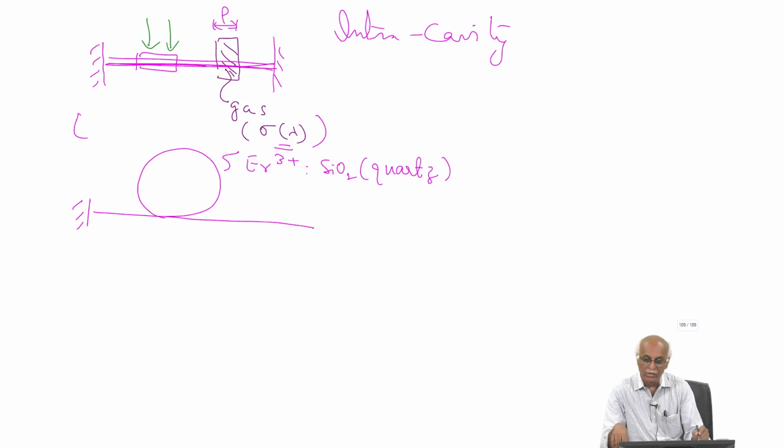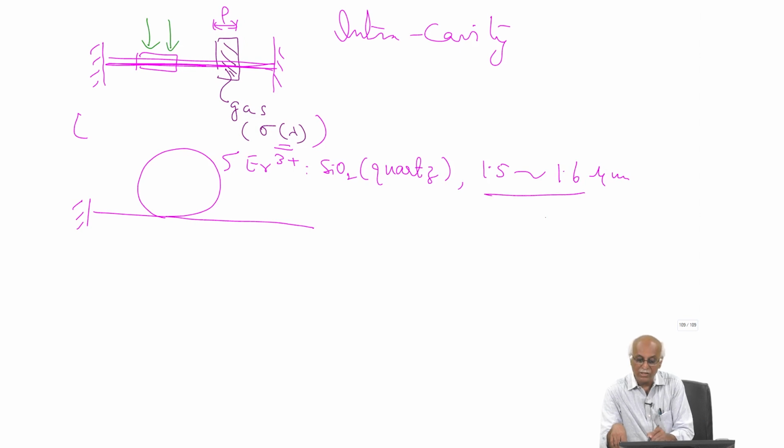However, let us assume it can be tuned, that means output wavelength can vary between 1.5 to, let us say, 1.6 micrometer or so, a little less than that. Now, in this wavelength range, CO2 has an absorption band, okay.